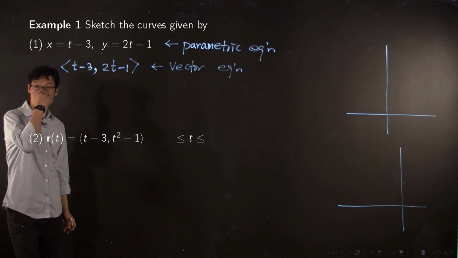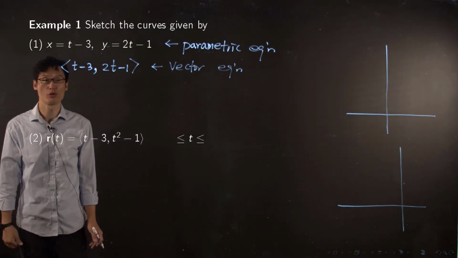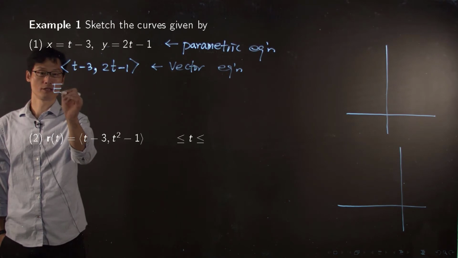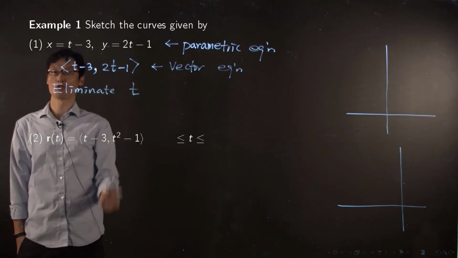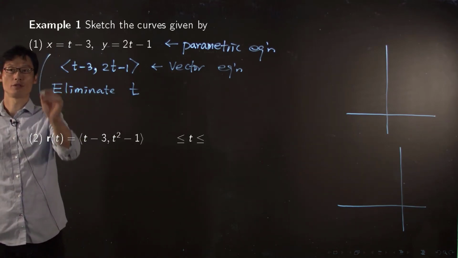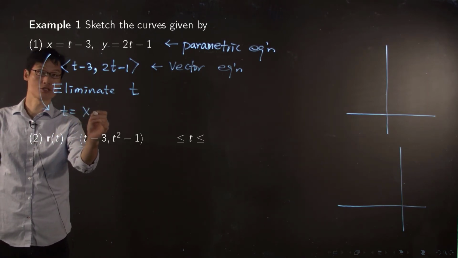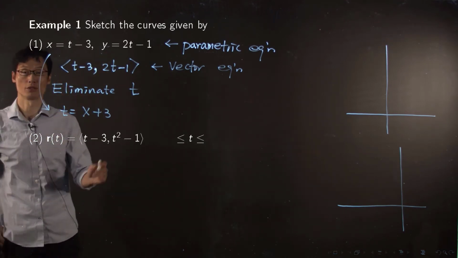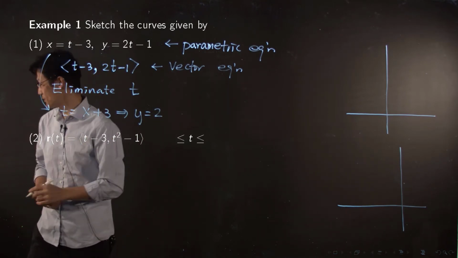And then to sketch the graph, we need to find the Cartesian equation. To find the Cartesian equation, you eliminate the parameter t. Well, from the first equation, you solve this for t. So t is x plus 3. You plug that back into this equation. So y equals 2 times t.